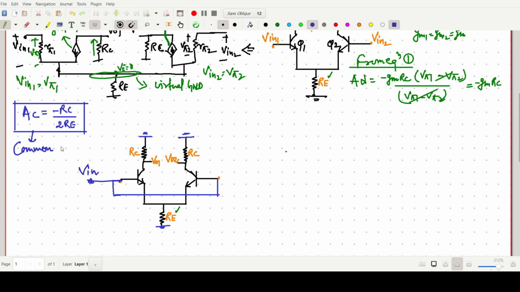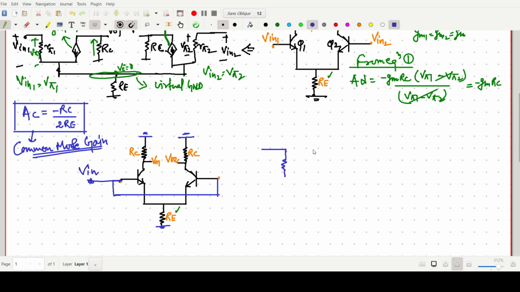When input is common, common mode gain. How it will come? I am giving you a quick view, means how to do this one. Then after we will solve the numerical. The numerical will take 10 to 15 minutes, but we have to go for some more basics. Every time try to practice it. So in this case what we have to do again, there is a transistor.